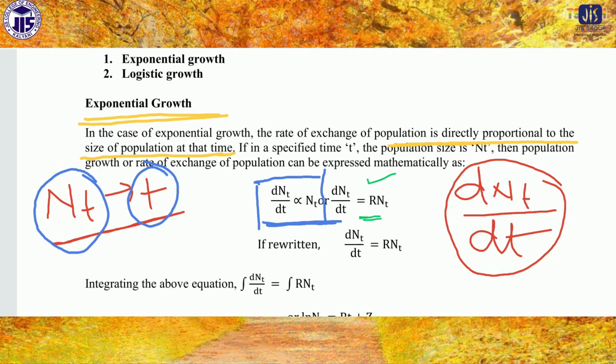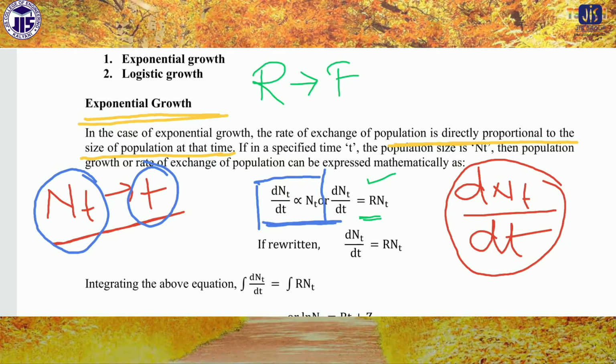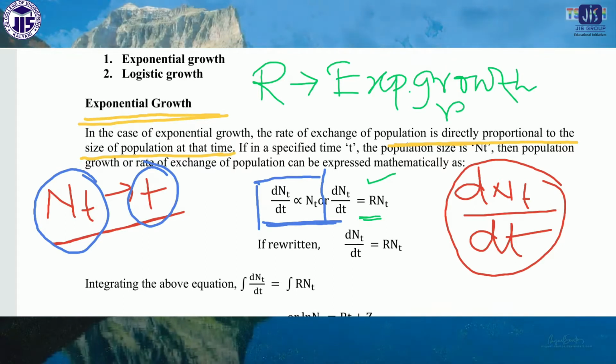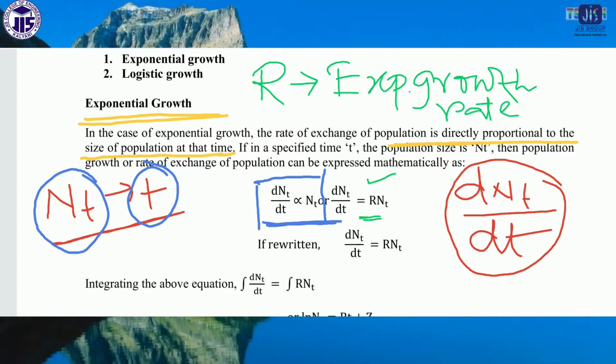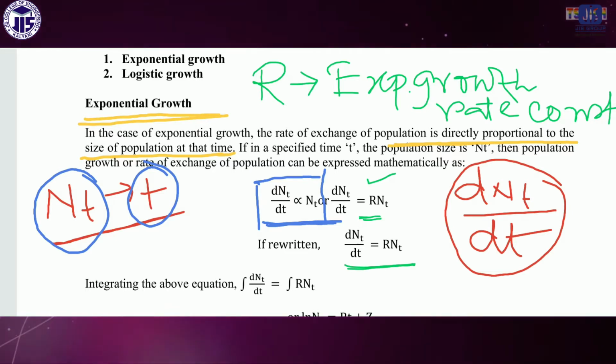You have to keep in mind, r is the exponential growth rate constant. So finally we get dN(t)/dt equals r N(t).